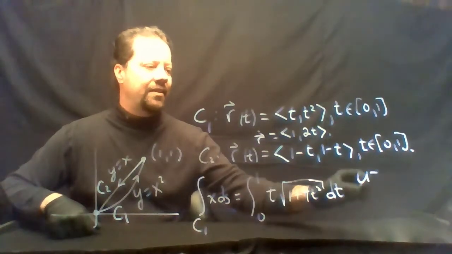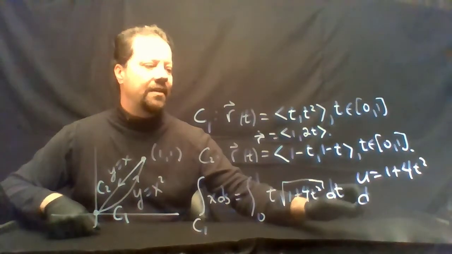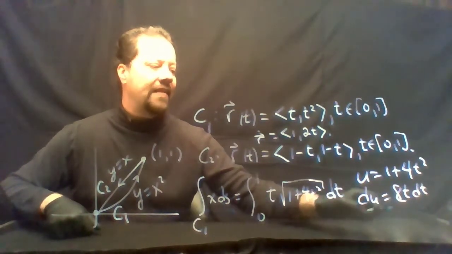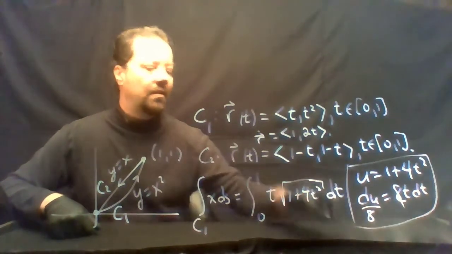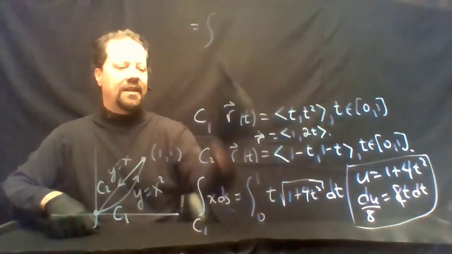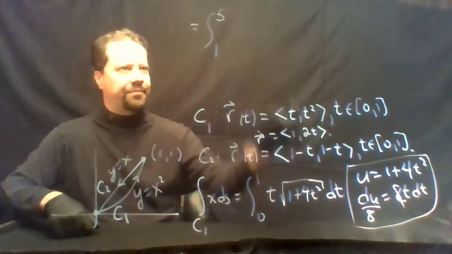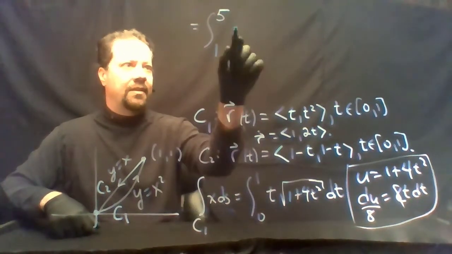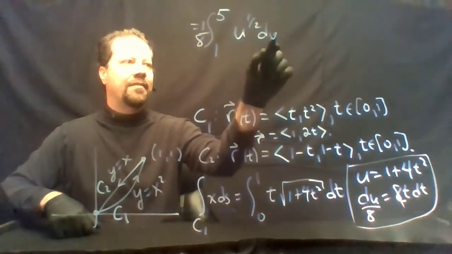If we set u equal to 1 plus 4t squared, du will be 8t dt. We'll divide the 8 off. The integral becomes the integral from 1 to 5, and then we get 1/8 u to the 1/2 du.